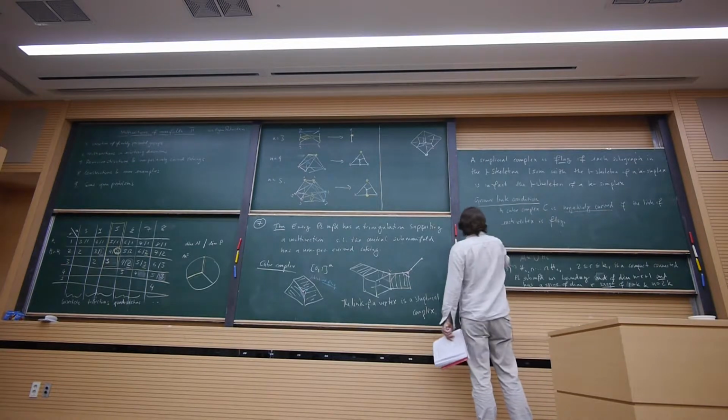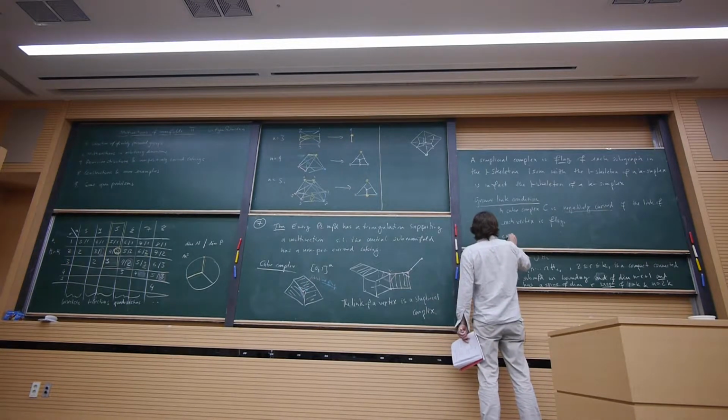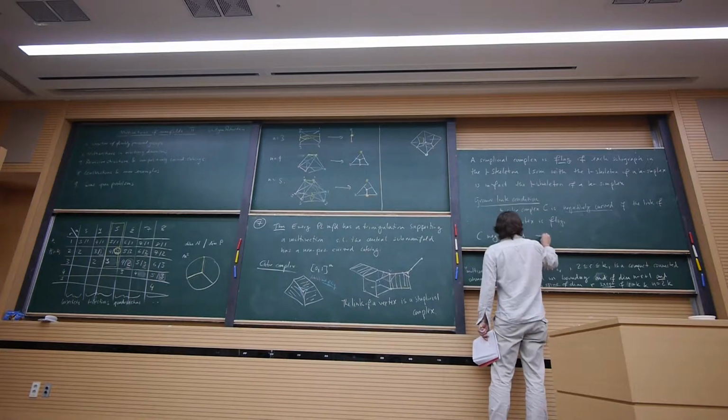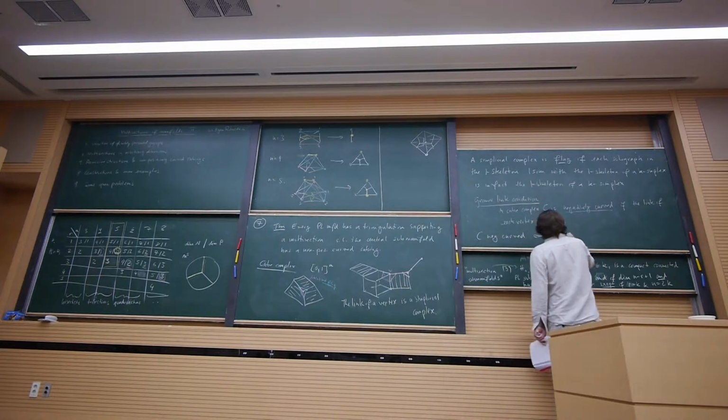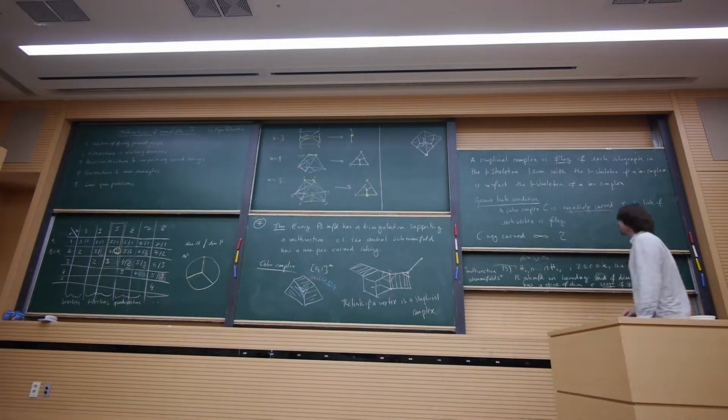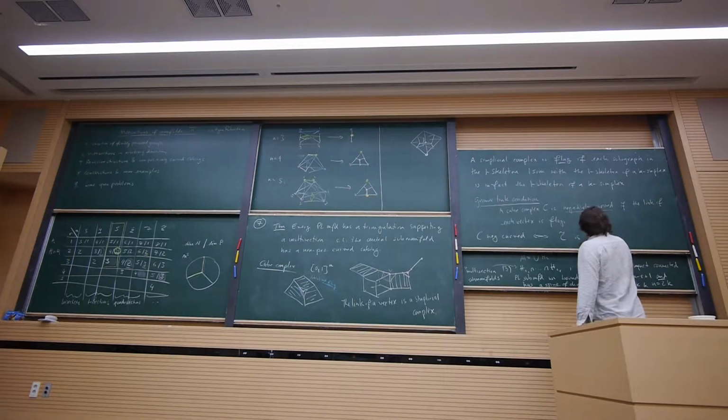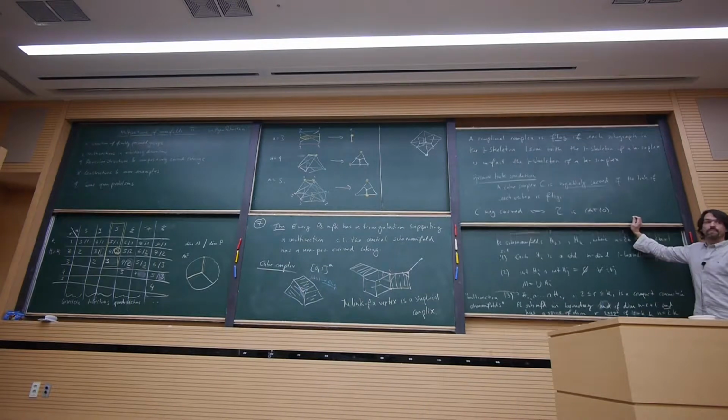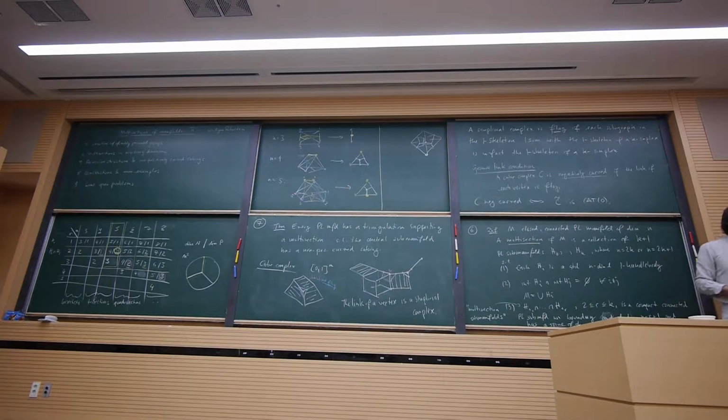Okay. And so what does negatively curved mean? So C negatively curved. One way of saying it is that the cover is CAT(0).